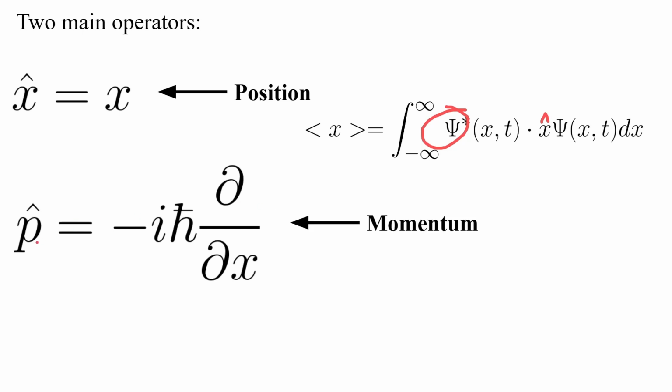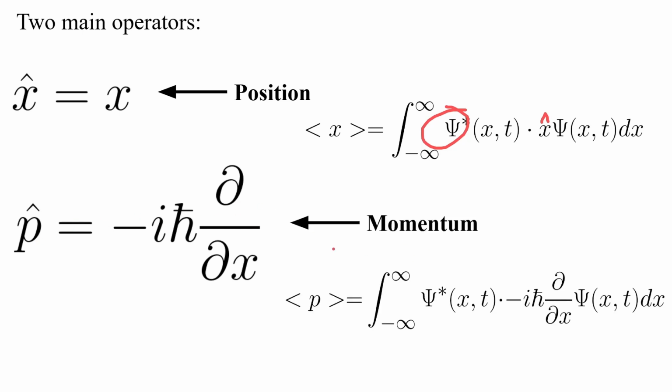Similarly, with the momentum operator, if you want to get the expectation value of the momentum of a particle, then you're going to take the integral over all real space of psi star times negative i h bar times the partial derivative of psi with respect to x, dx. So, okay, what does all that mean?